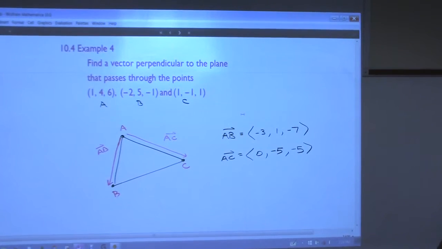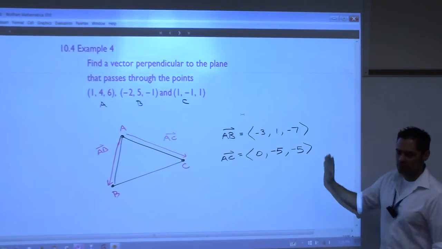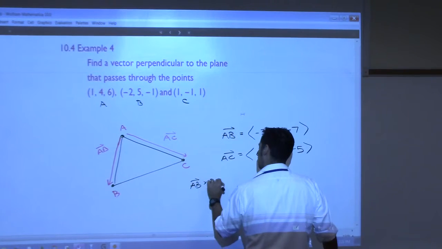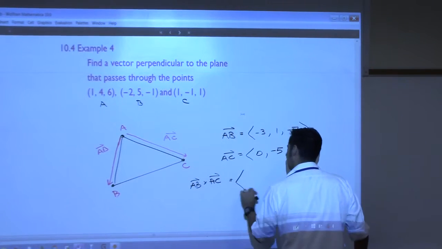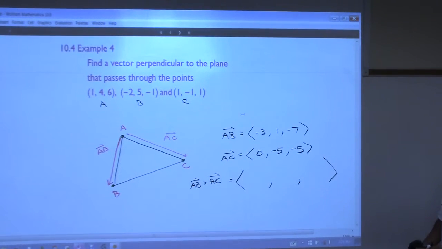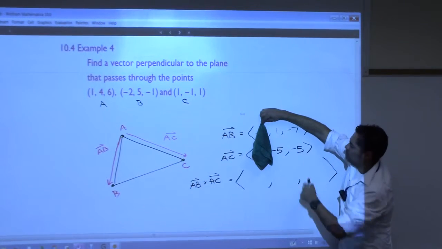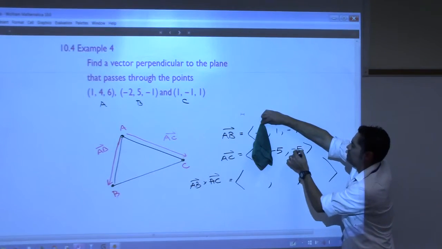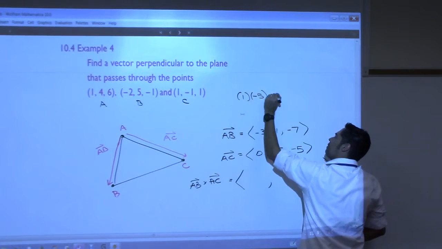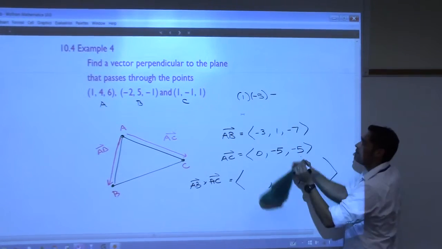Cross them. I wrote them vertically on purpose, because now I'm going to cross right here. So I'm going to do AB cross AC. The answer will go right here. I cover up the eyes, and I do my little thing. 1 times -5 is -5, minus, -5 times -7.